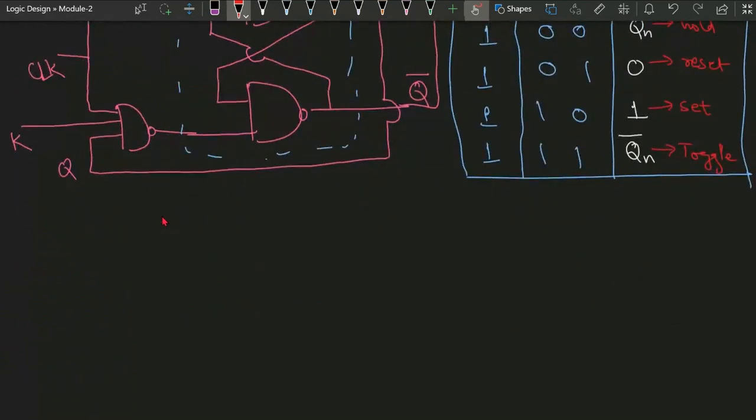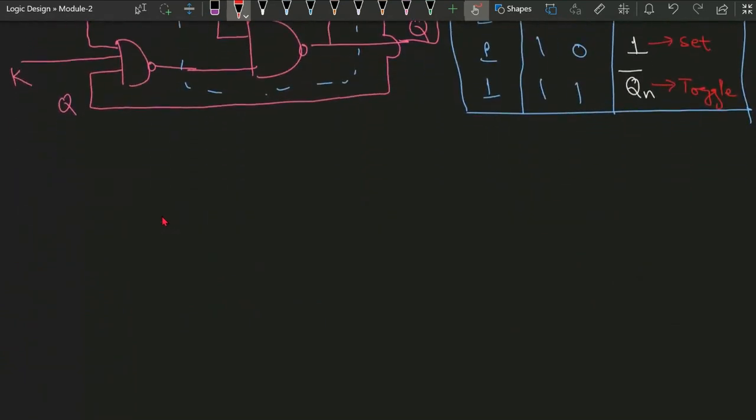If we talk about the implementation using the block diagram, you can see it using the SR flip flop. This is the SR flip flop, and there is a clock, a Q, and this is Q bar.